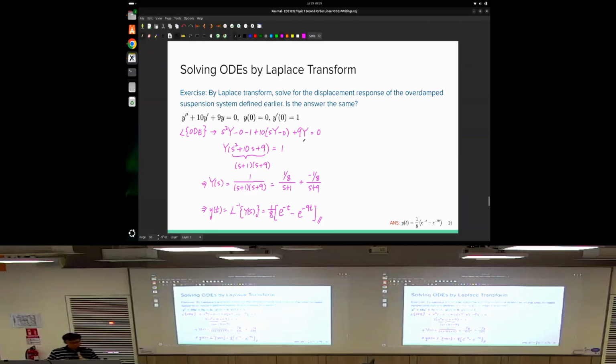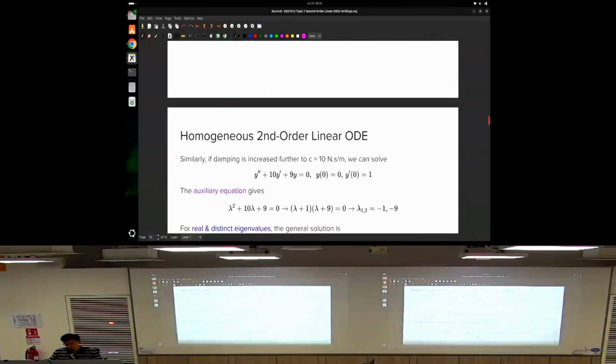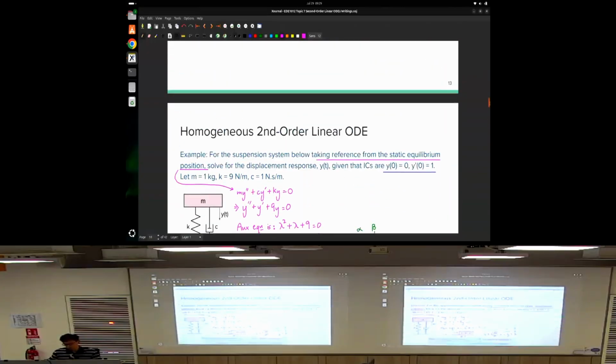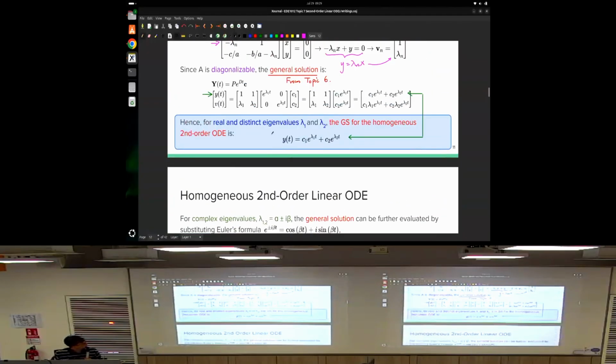This is in contrast to if you were to use the general solutions, and I refer to the general solutions here. If you have real and distinct eigenvalues like what we have just now, namely minus 1 and minus 9, then you substitute into these general solutions, and you will see that you have a C1 and C2 to find.